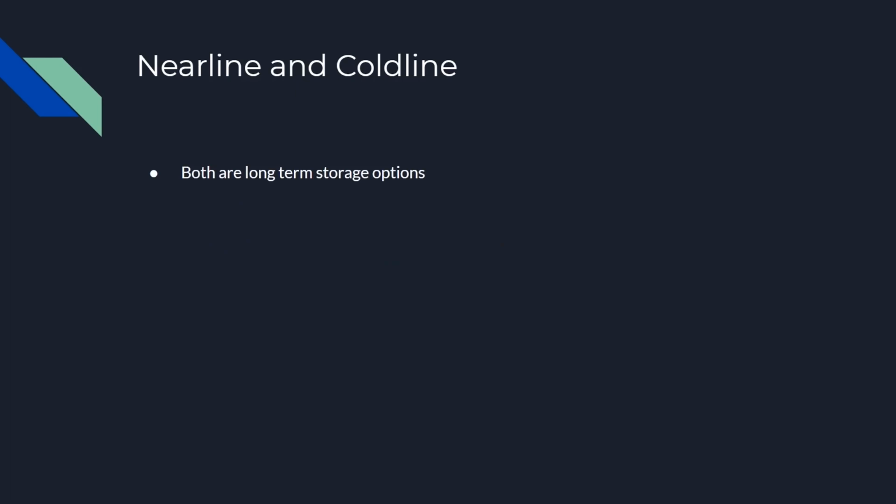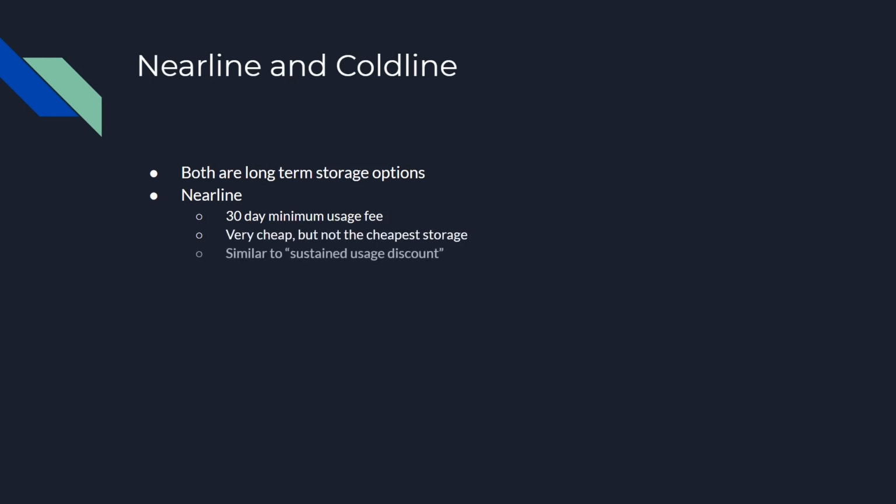They're both long-term storage options, but they do have different use cases. The nearline one has a 30-day minimum usage fee and is very cheap, but not the cheapest. It's very similar to a sustained usage discount, and the use cases for it tend to be centered around backups, where you're going to be holding on to files for a very long time, but you'll need to have relatively easy access to them.